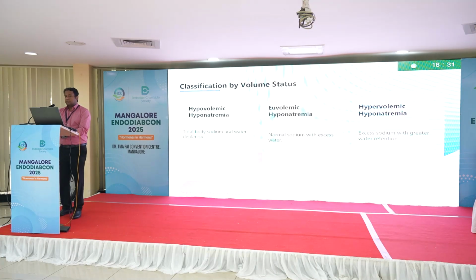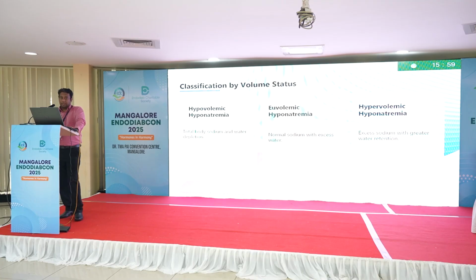Then coming to volume status, which is a clinical decision as I said. Based on volume you have three etiologies: hypovolemic, euvolemic and hypervolemic. Hypovolemic is usually due to both sodium and water loss, but the solute loss is greater in these conditions. Euvolemic is what we commonly diagnose in the hospital setup, SIADH, the syndrome of inappropriate antidiuretic hormone secretion.